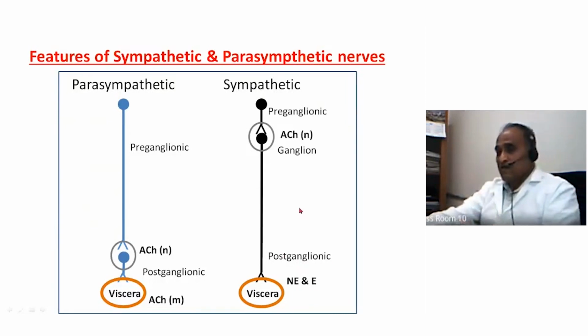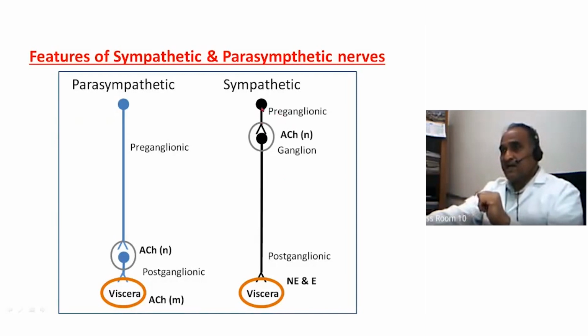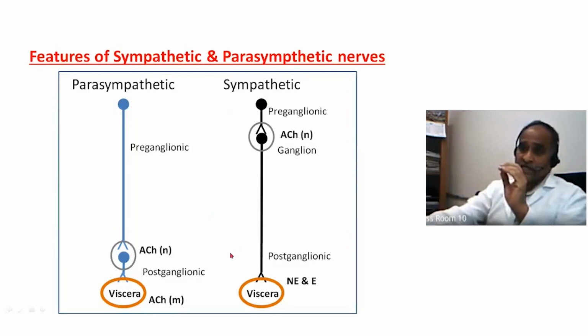Okay, now in case of certain exceptions, because the preganglionic fibers are longer in the sympathetic nervous system, we also have the splanchnic nerves which supply the adrenal medulla. The adrenal medulla is an endocrine organ situated in the adrenal gland, and it receives sympathetic input from the thoracic segments.